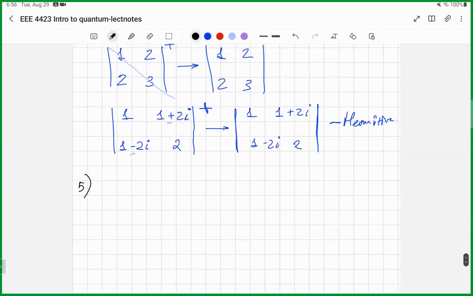I guess the last one, we are running out of time. So the last point for today is that matrices can represent transformations of vectors.